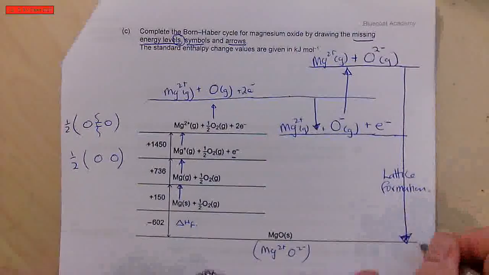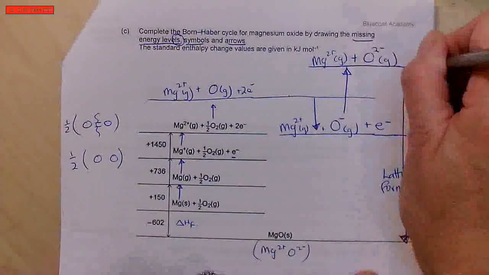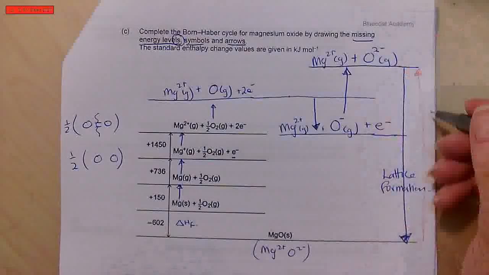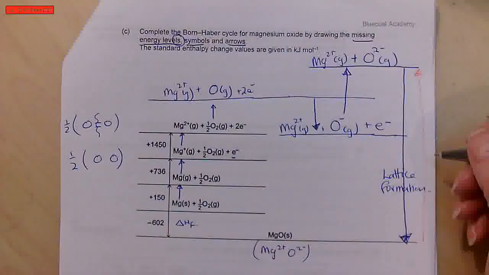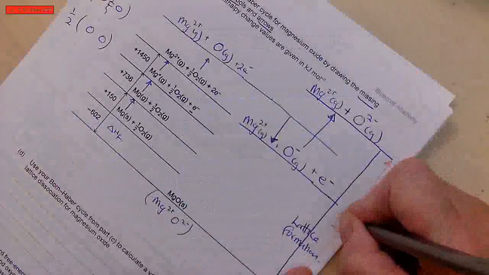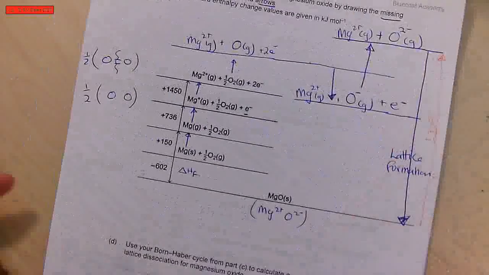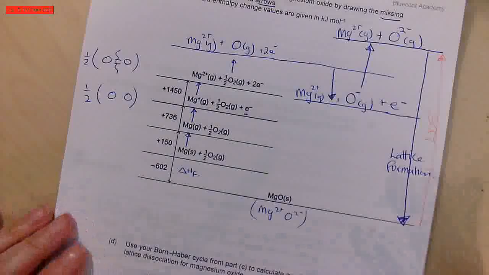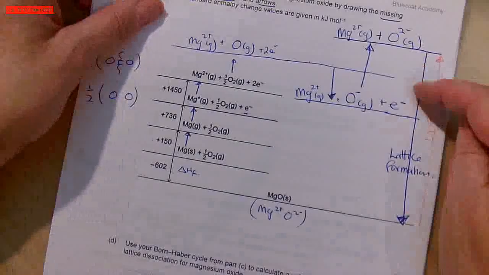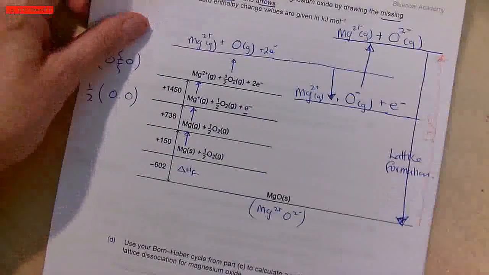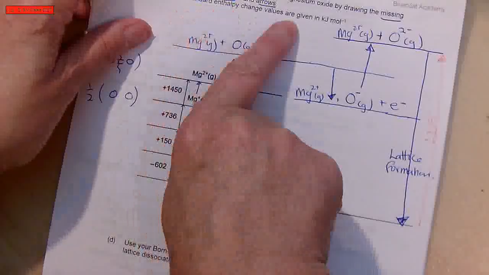But do remember that if we go this way, this is just the opposite process, and that's the lattice dissociation enthalpy. So we just need to check what information we've been given as to whether that's lattice formation or lattice dissociation.